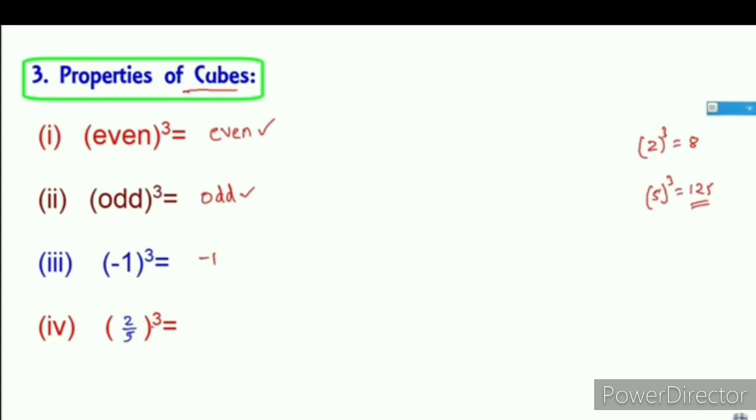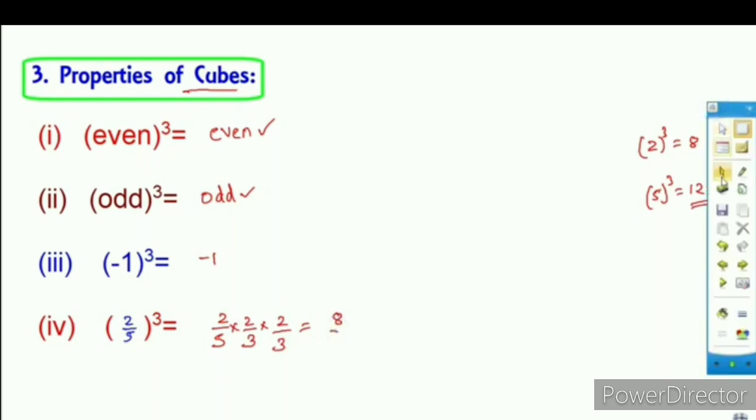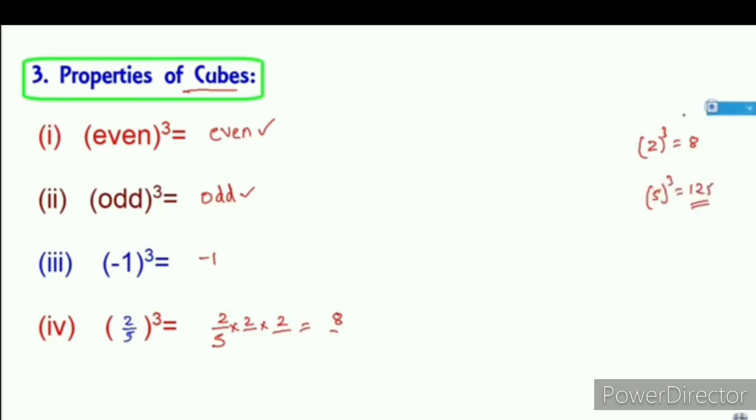Okay, next, cube of negative numbers, you will get negative, but it is just opposite to square. In square, square of a negative is positive, but in cube, cube of a negative is negative only. Next, cube of a fraction is also a fraction only.